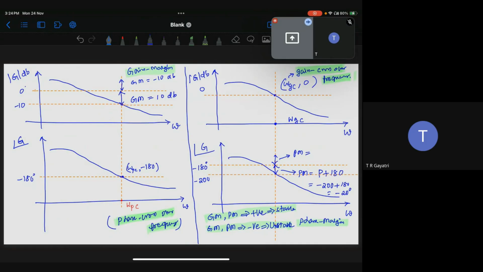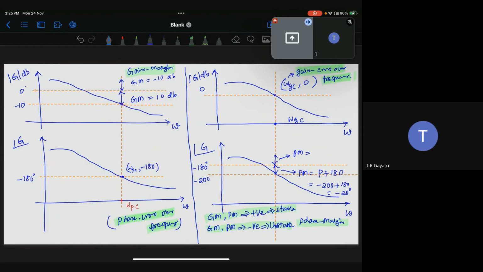Phase crossover frequency is when the phase will be equivalent to 180 degrees. So we have to find the phase crossover frequency when the phase is 180 degrees.